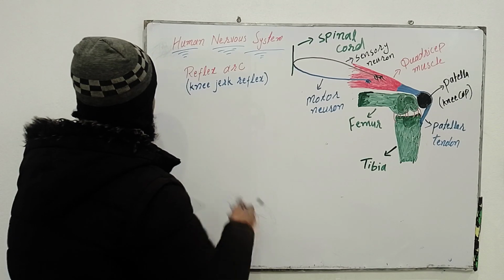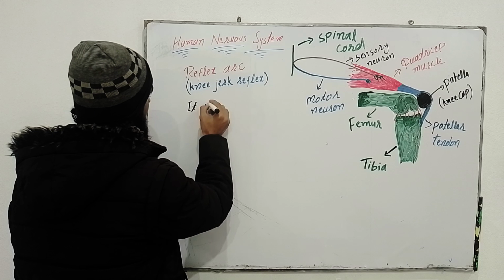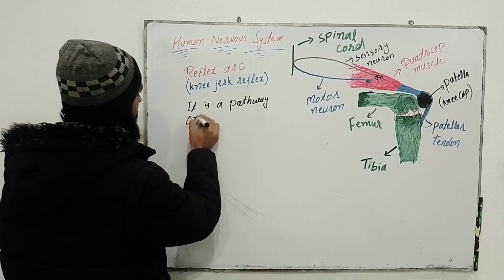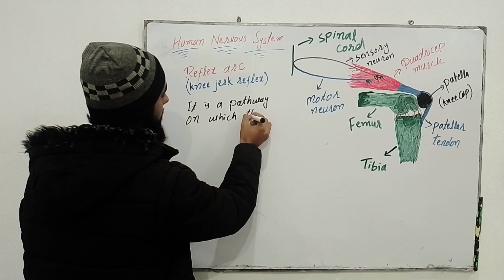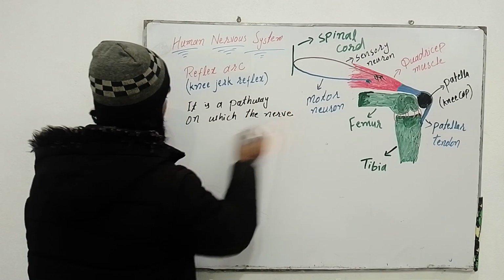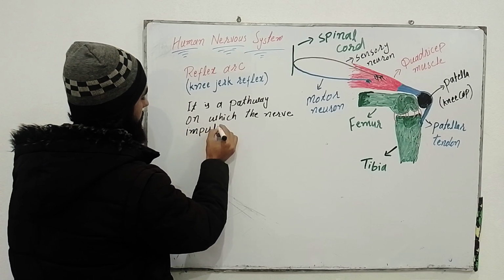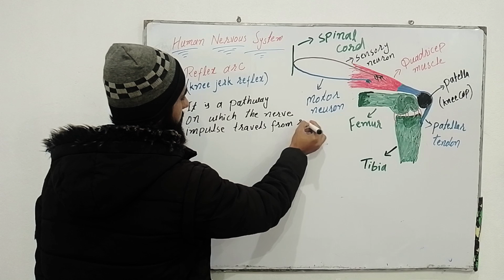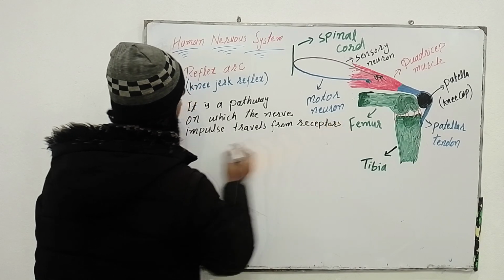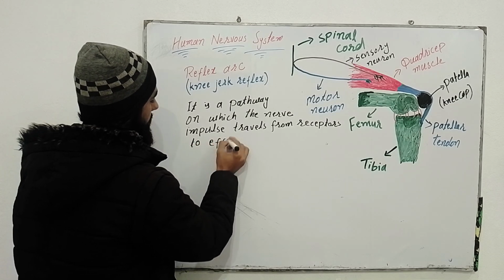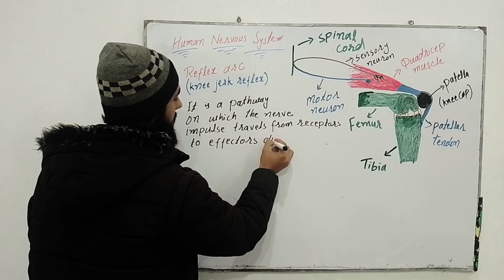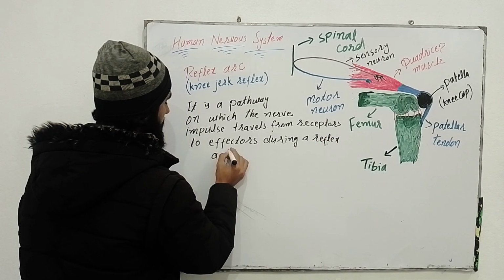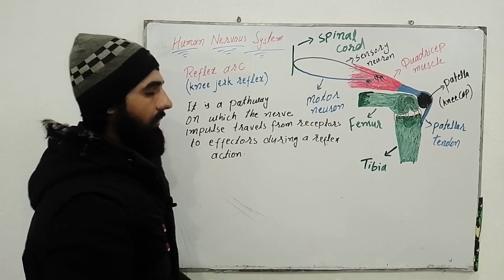So the reflex arc, it is a pathway on which the nerve impulse travels from receptors to effectors during a reflex action is called reflex arc.